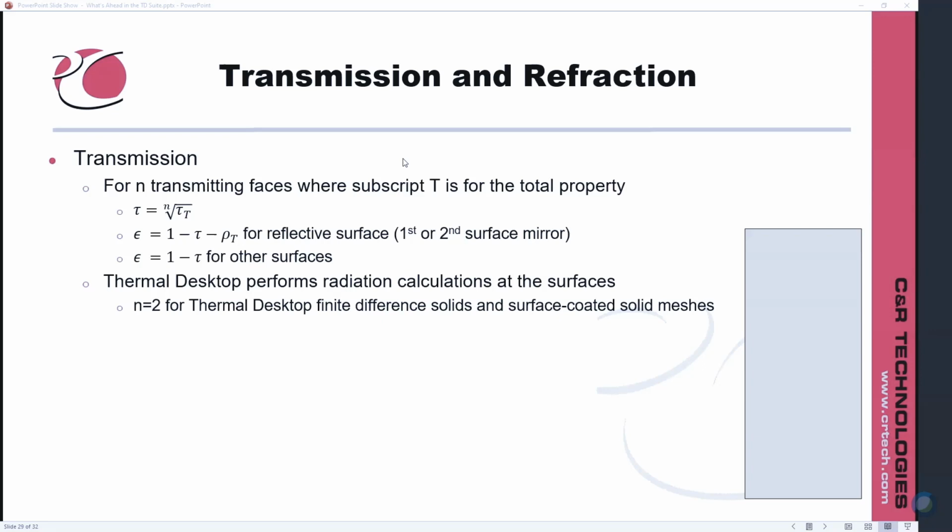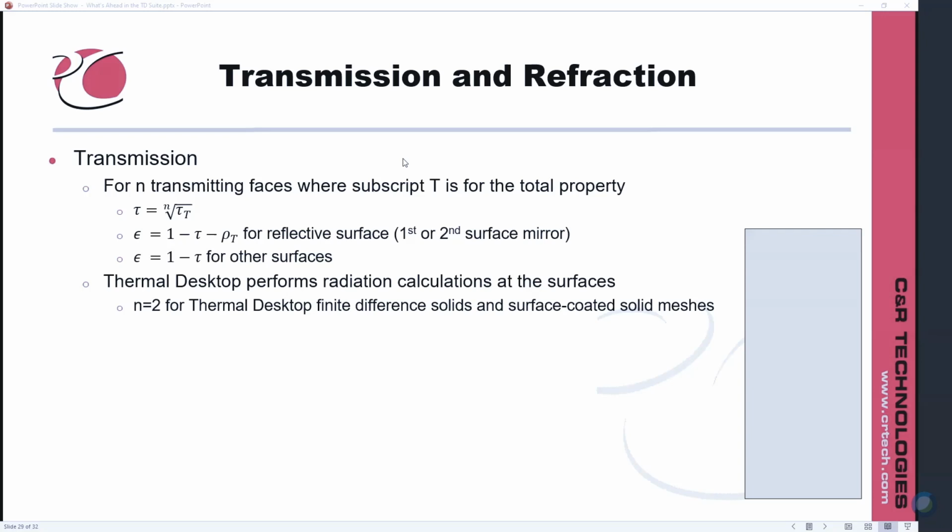The emissivity for a reflective surface, which you would assign to either the first or, if it's a second surface, the last surface in the path, would be 1 minus the current surface's transmissivity minus the total reflectivity.